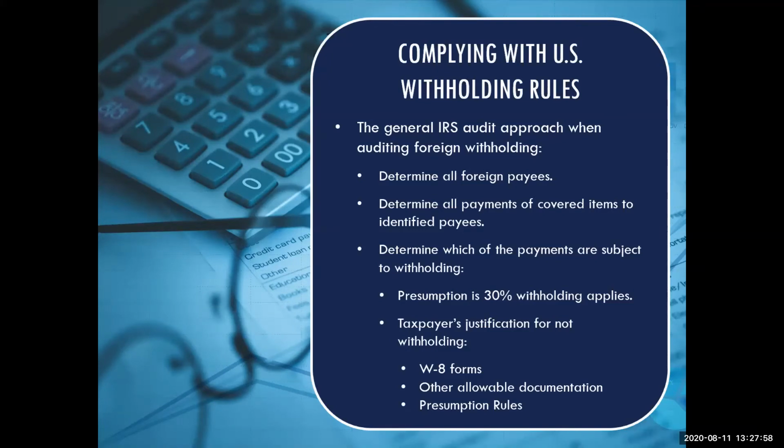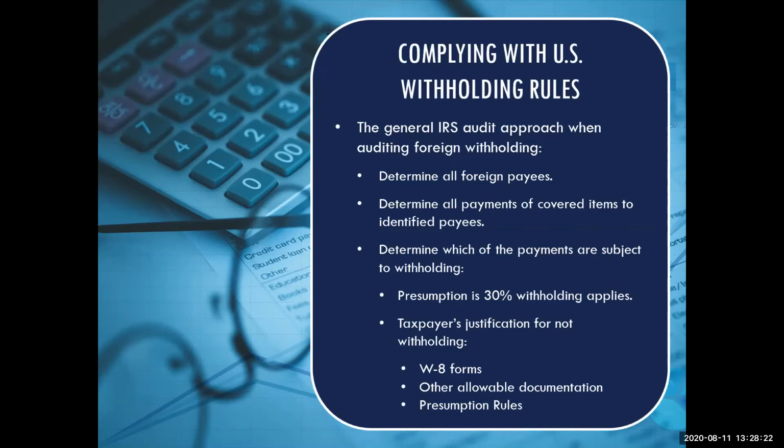They would then determine all the payments of covered items, so the FDAP payments, and what type of payment each of those is. Then they would determine what is subject to withholding, with a presumption that the 30% withholding applies. This is where your documentation becomes very important.